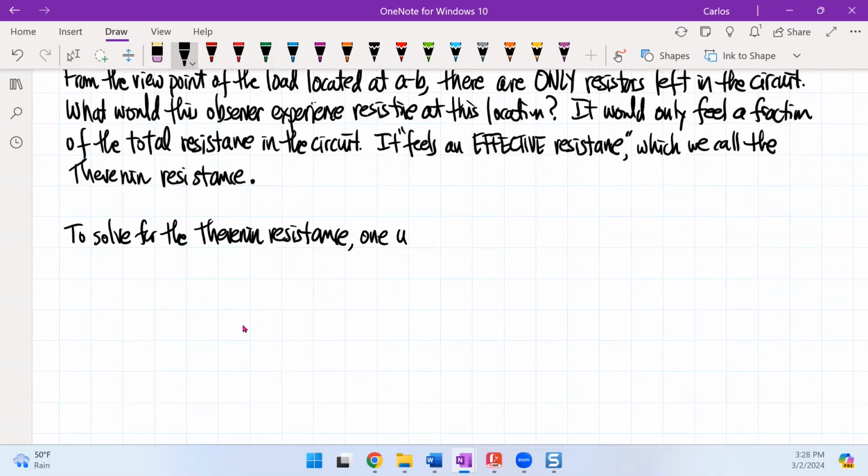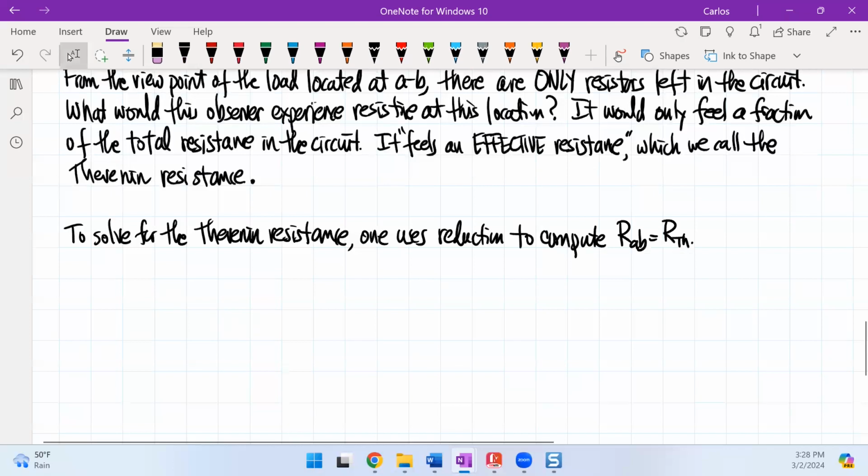One uses reduction to compute RAB, which is the same as R Thevenin, or Norton for that matter.